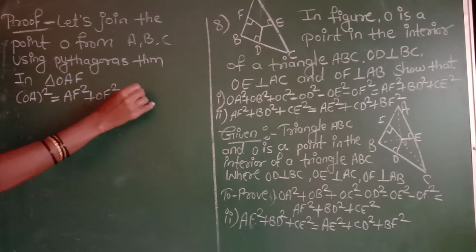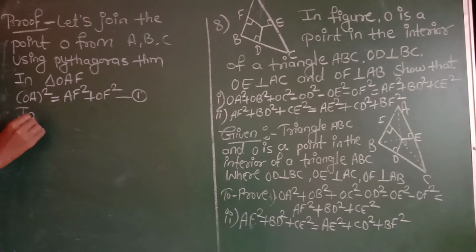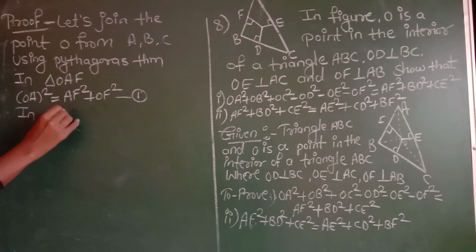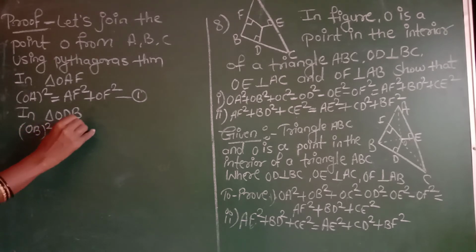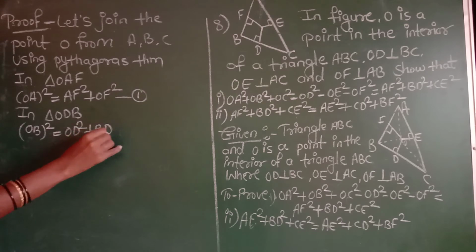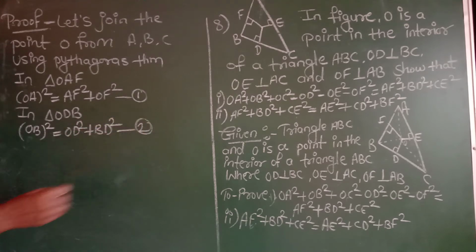Next, in triangle ODB, using the Pythagoras theorem, the hypotenuse is OB, so OB square is equal to OD square plus BD square. This is the second one.